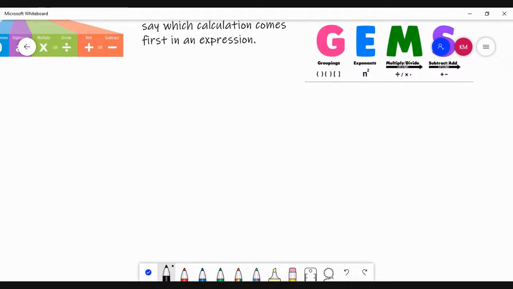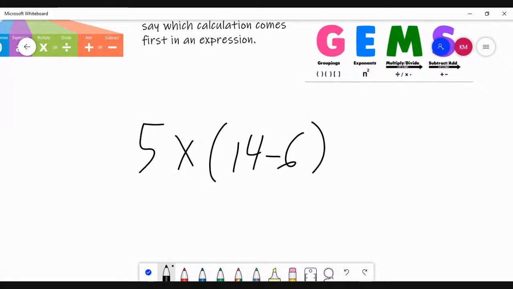I am going to complete the first problem, and it is 5 times parenthesis 14 minus 6 close parenthesis minus 2 squared. So now, what do I do first?